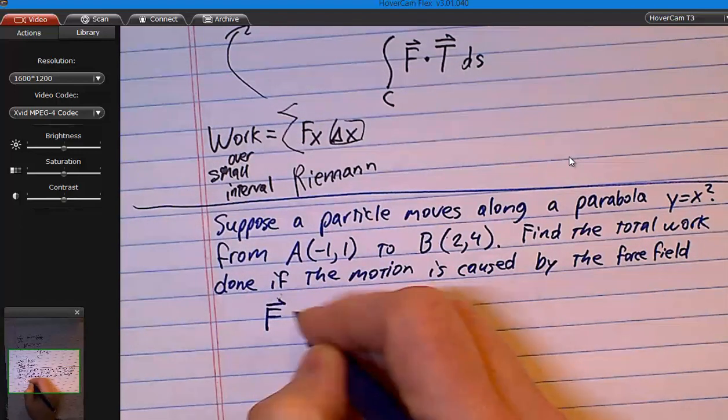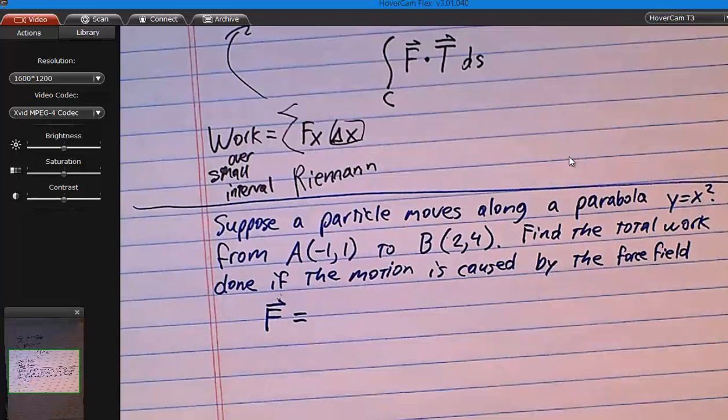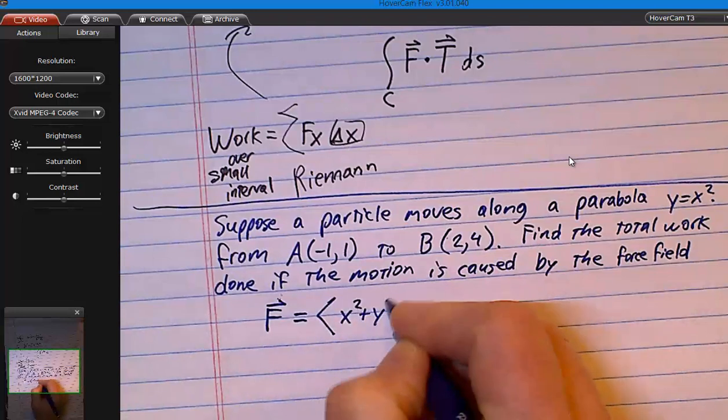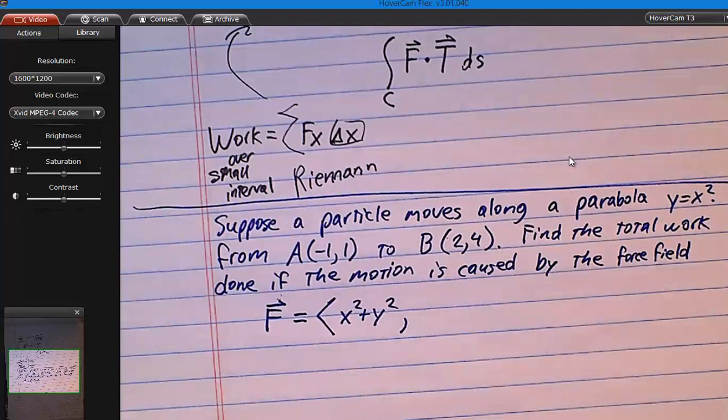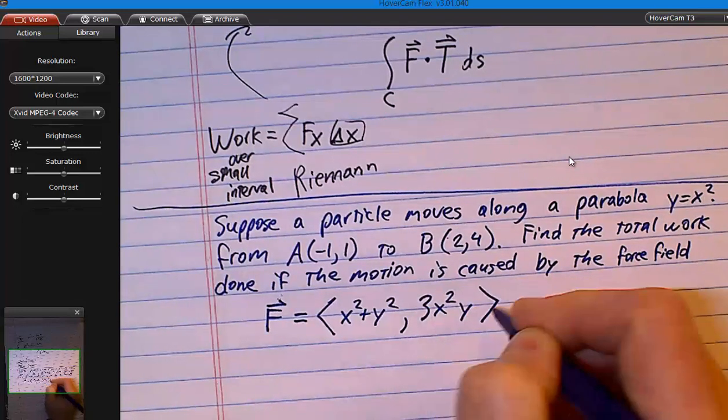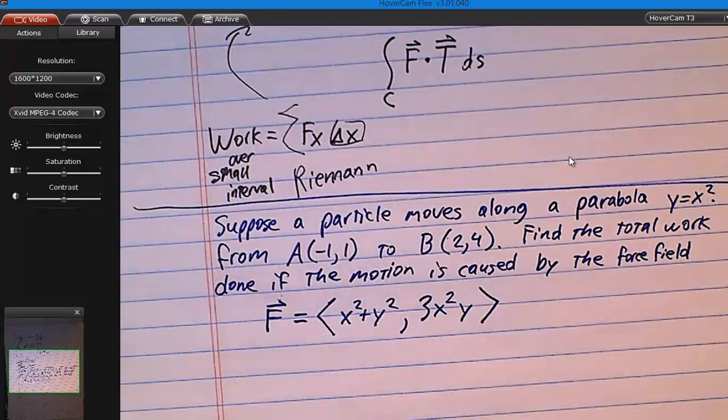F will be defined to be, well, let's say that it's this. It's x squared plus y squared, comma, and let's say that it's 3x squared y. And is this at all reasonable that that would be the force field? I have no idea. I'm going to guess not. Okay? But let's say it is.